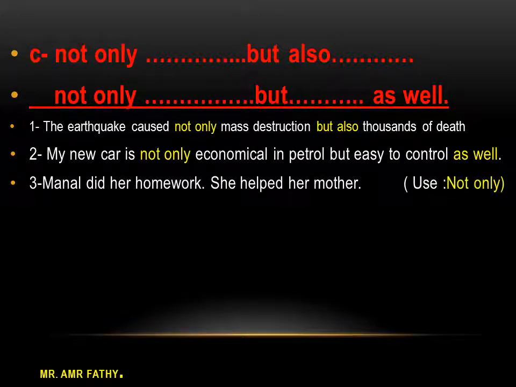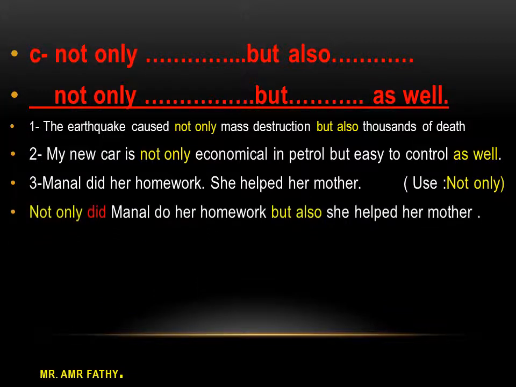Also we have number 3. Manal did her homework. She helped her mother. This is the form of the sentence in the rewrite, so that we take care in the exam. You are asked to use not only. Take care here in number 3, why?